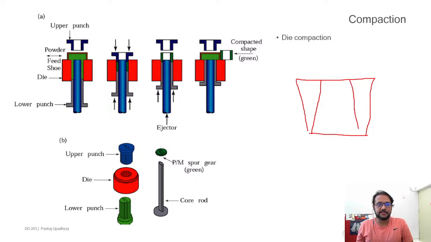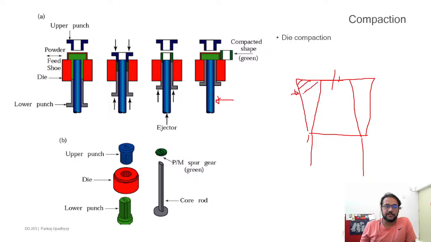Okay, I'm exaggerating the whole thing, but let's say the central ejector, the blue one, will probably come to this height over here, whereas this ejector pin will push it from this side. So this surface needs to have a draft angle like this, so you'll get a part which is something like this.